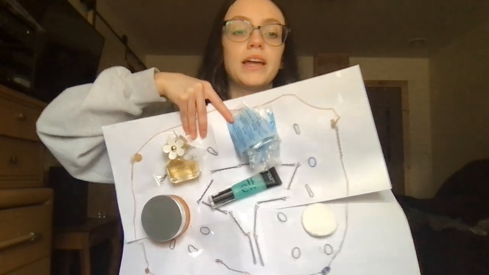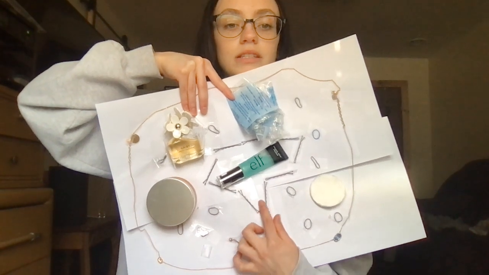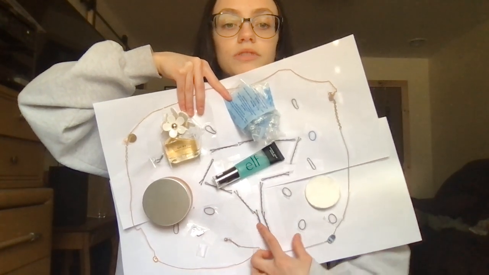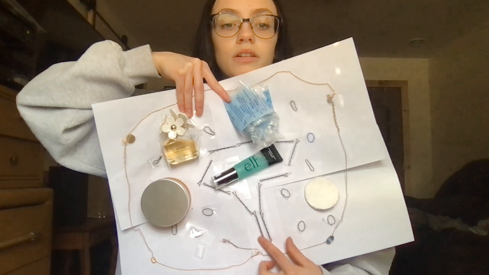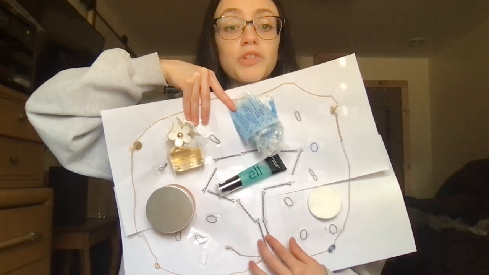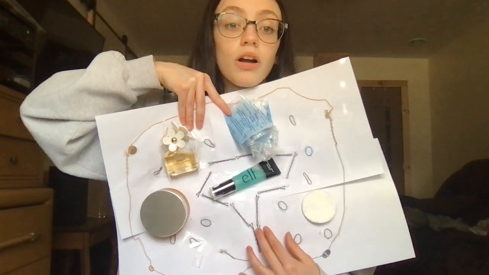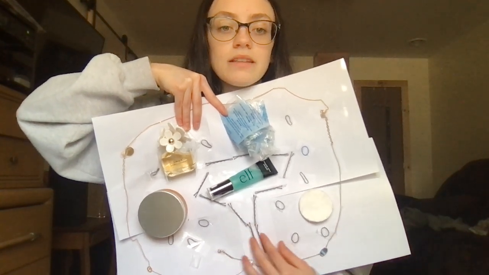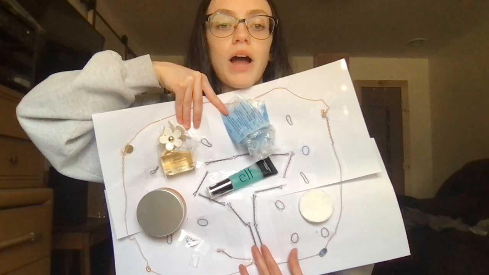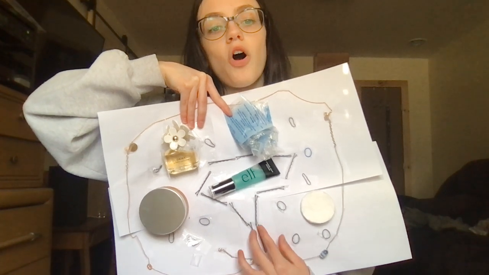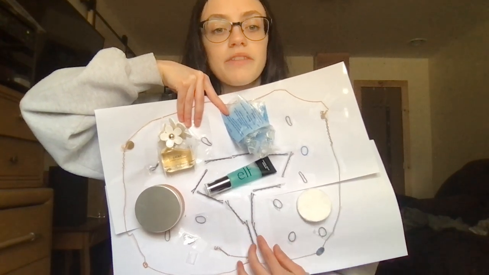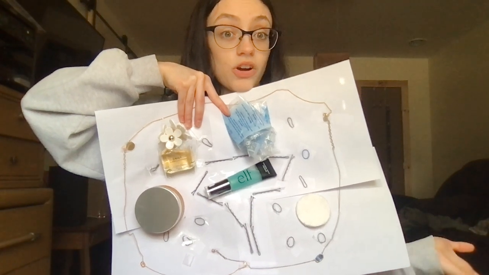Next I have my endoplasmic reticulum, which is these bobby pins right here. I used these bobby pins to resemble an endoplasmic reticulum. I know it doesn't look like the actual ER, which looks more like a maze, but I put them in the shape of a hallway or a tunnel because I feel like that's what the ER resembles.